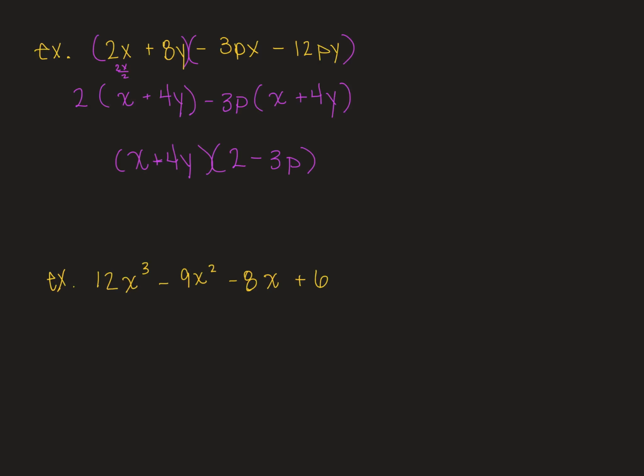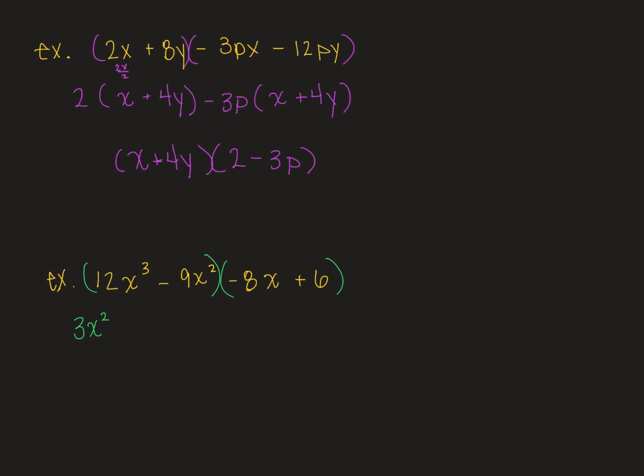Alright, let's do the second example. So again, we have 4 terms. We're going to group them. Once we group them, then we can see what each group has in common. So when we look at our first one, I can definitely take out a 3. And they both have an x squared that I can take out, right? I can't take out an x cubed because both terms don't have that many x's, right?